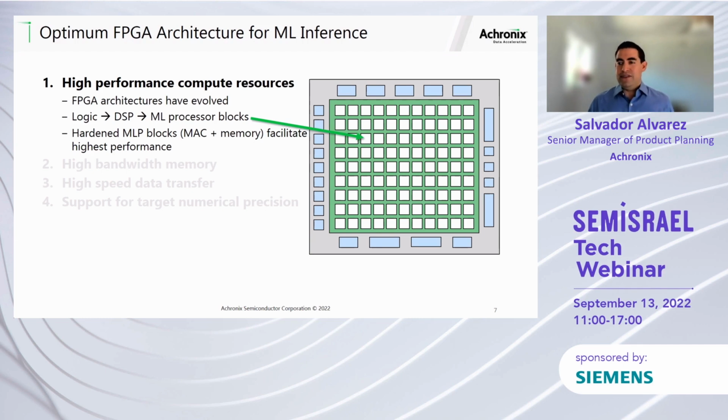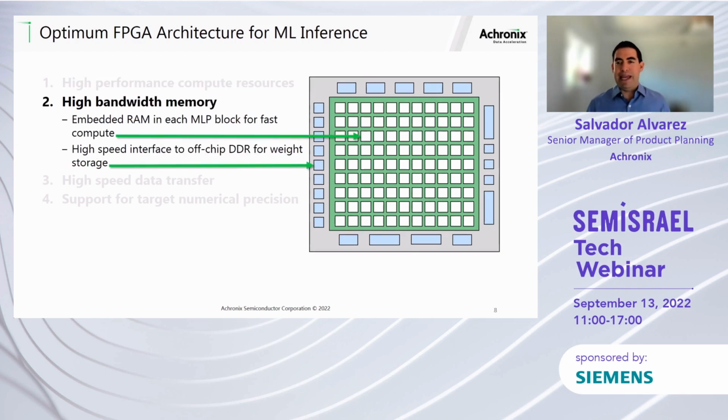And in the latest round of FPGA families, you now find those hardened MAC units have developed into a highly efficient processing block for machine learning, especially with the addition of embedded memory. Machine learning inference workloads are compute intensive, so we need a lot of these ML processing blocks available.